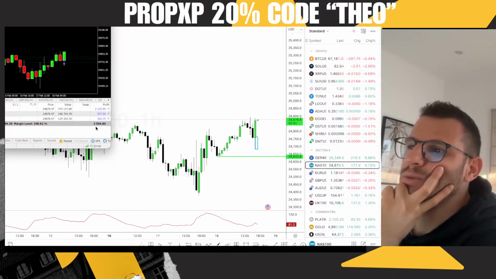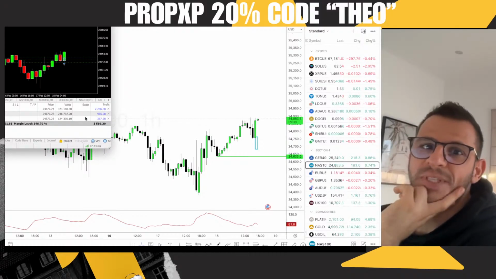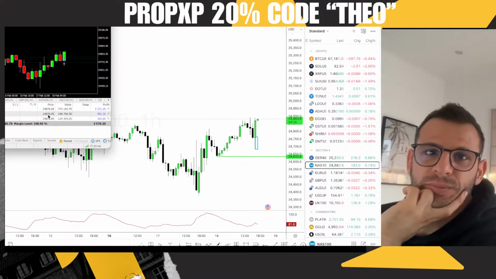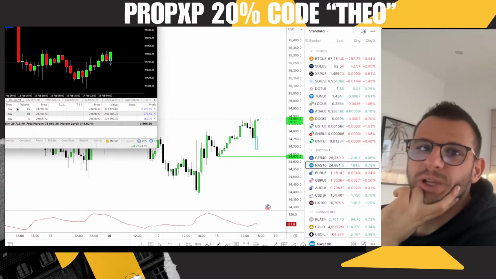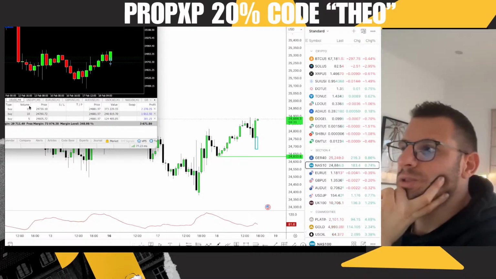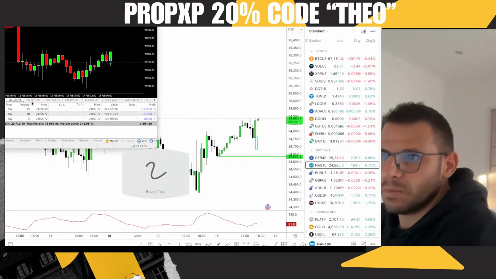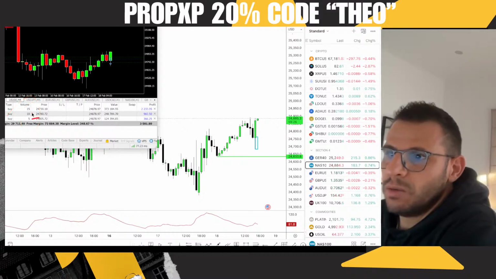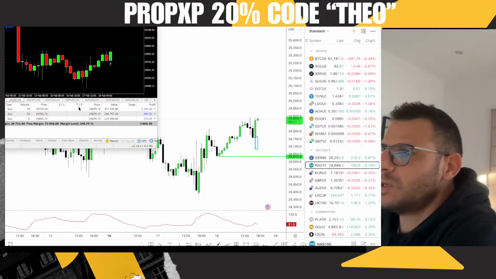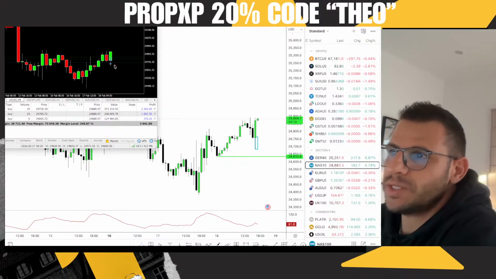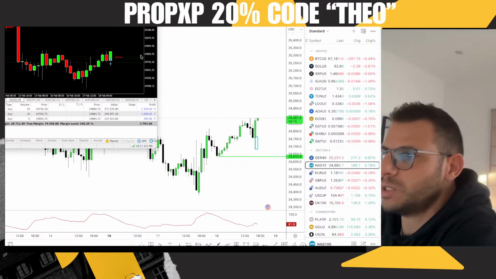So now I just want to see some push to the upside. Can you see the lot size here? The volume. When you scale up in positions, you cannot risk, let's say on the first position, the same you're going to risk on the third position.